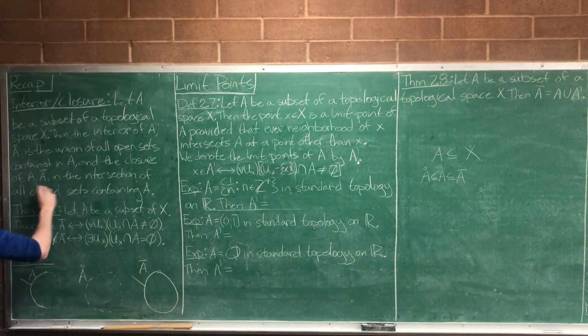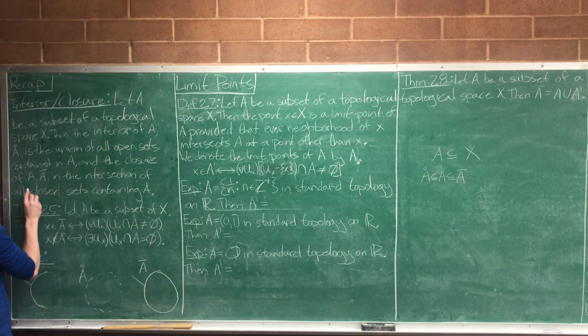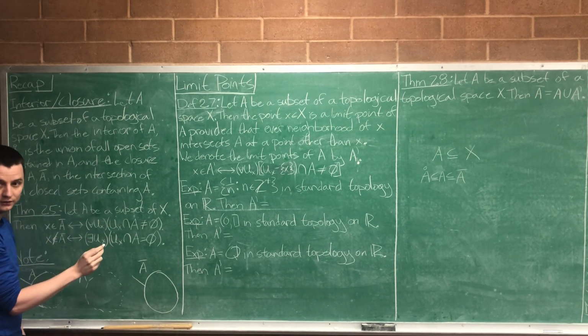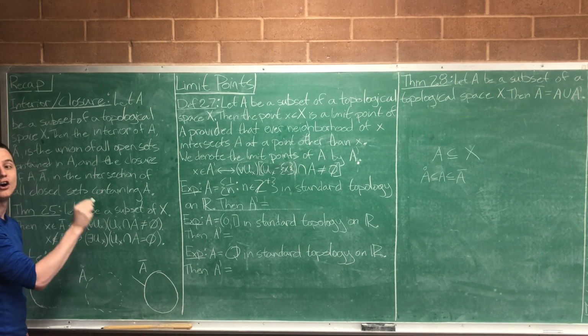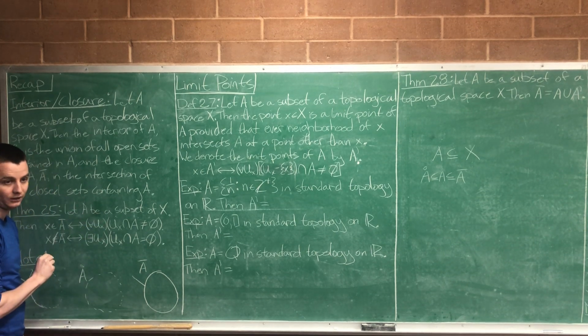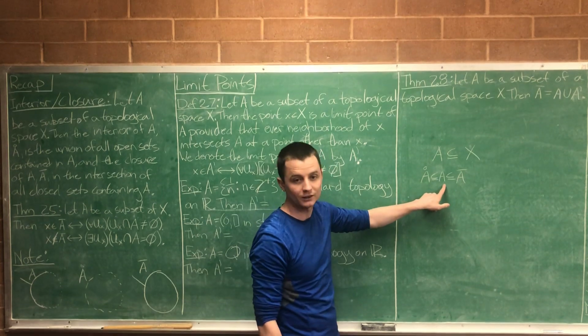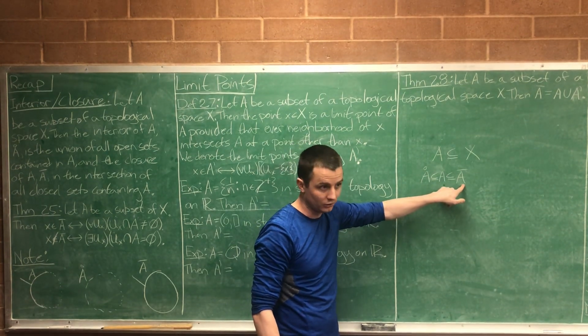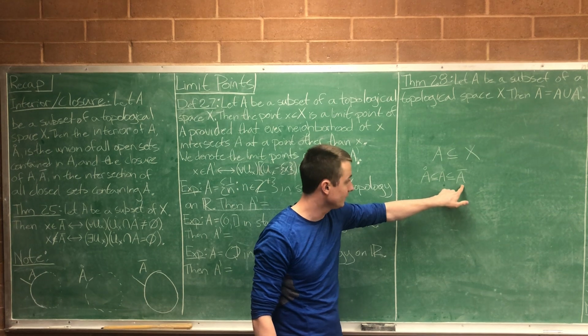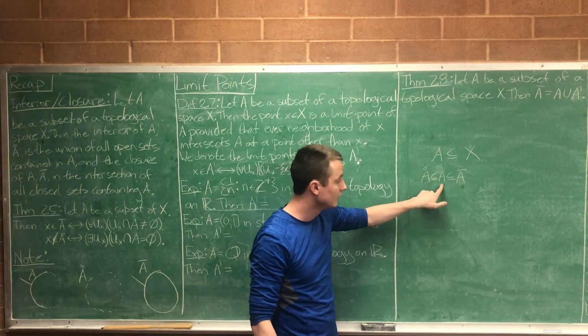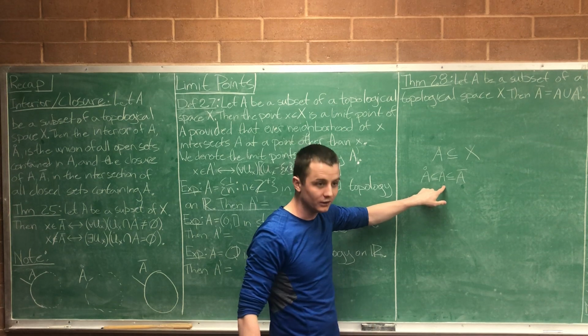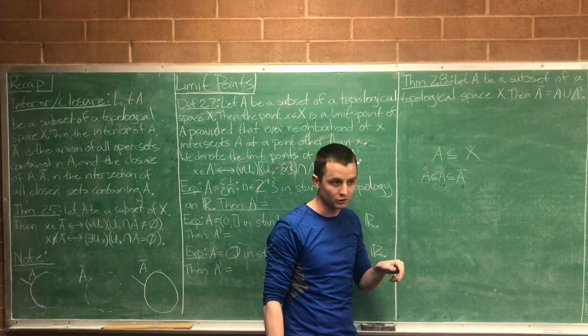So the interior of A is the union of all the open sets contained in A, and the closure of A, with a line above it, is the intersection of all the closed sets containing A. It's the points that are in every single closed set containing A. A is for sure in every closed set containing A. Every closed set containing A obviously contains A, and therefore A is always a subset of its closure.